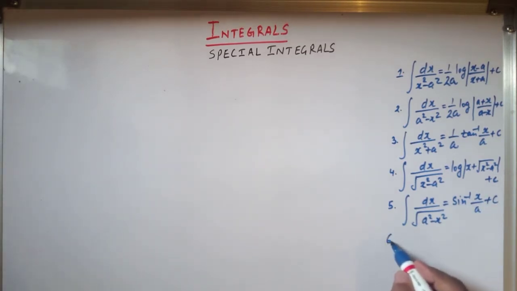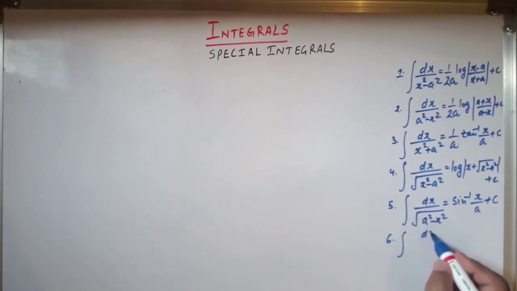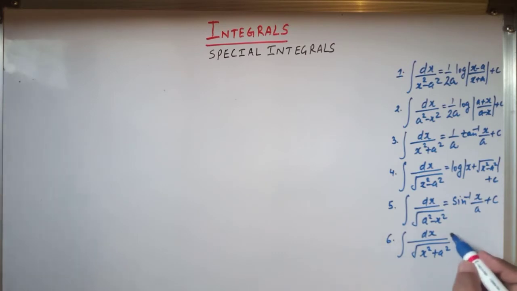And the last one, the sixth integral, is dx divided by square root of x square plus a square, which is equal to log of x plus square root of x square plus a square plus c.